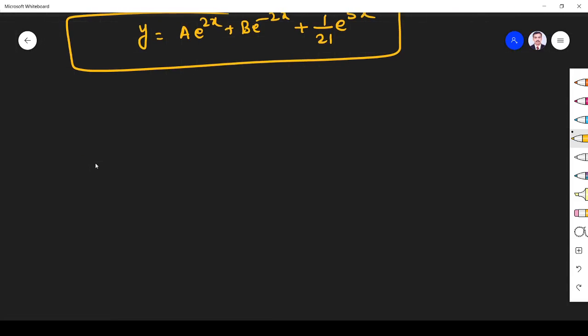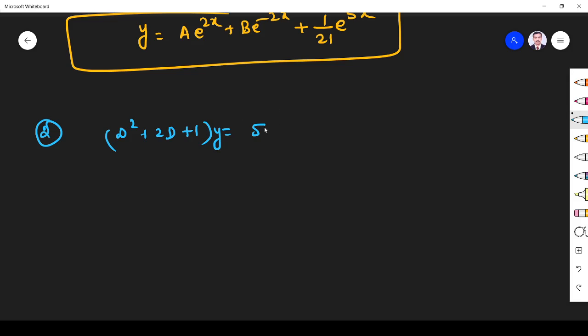Okay, problem number 2. Let us solve this problem. D squared plus 2D plus 1, into y is equal to 5. This is the question. Here you see whether it is a type 1 problem.